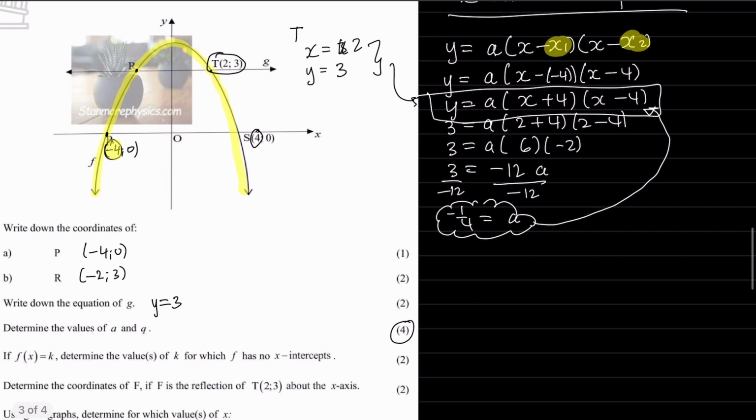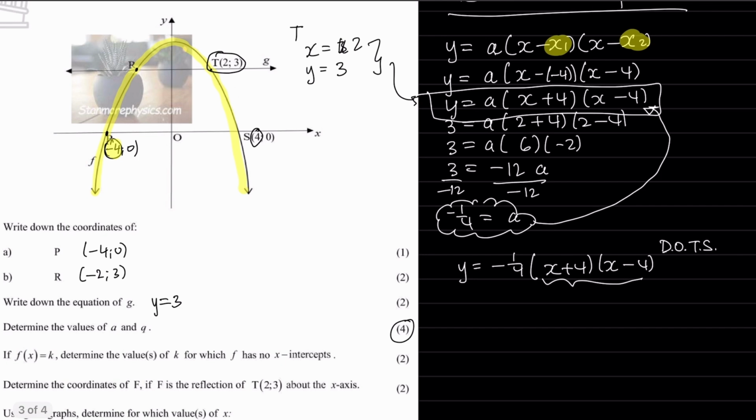Let's do that. So y is equal to minus a quarter, and then x plus 4, x minus 4. This right here is difference of two squares, and we can simplify this as x squared minus 16.